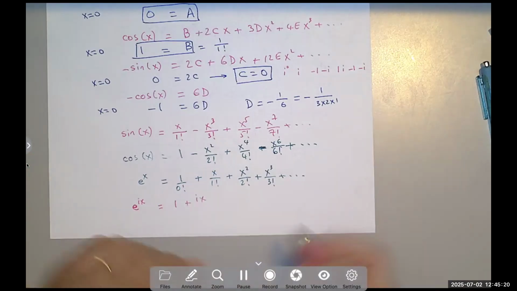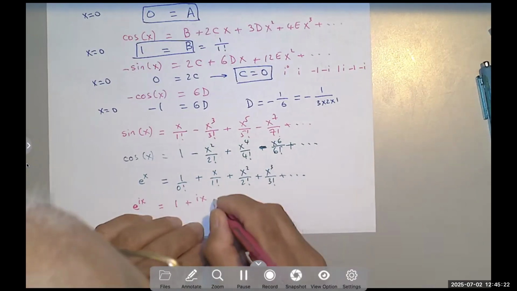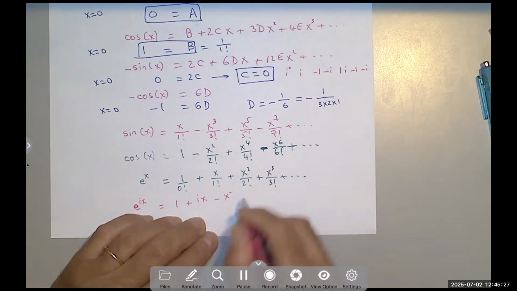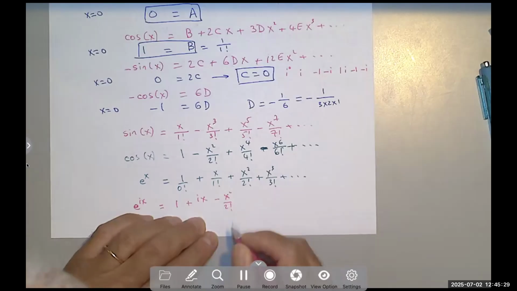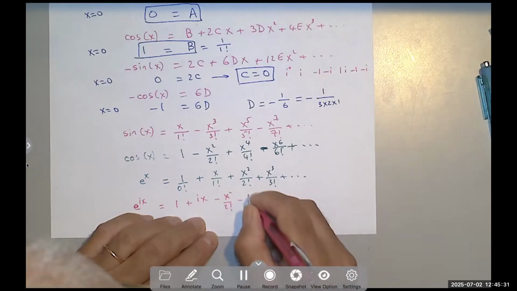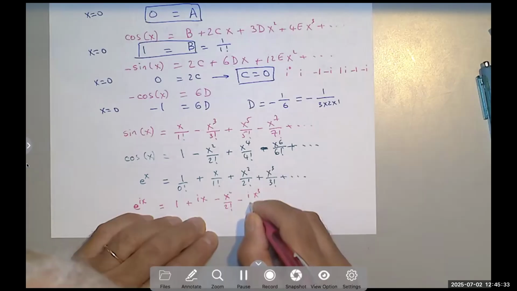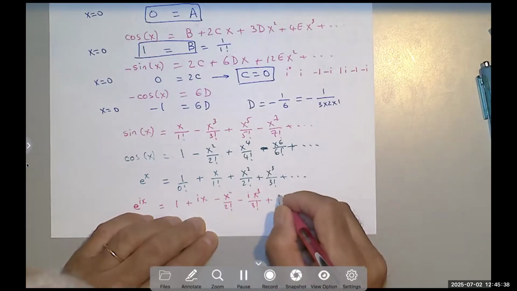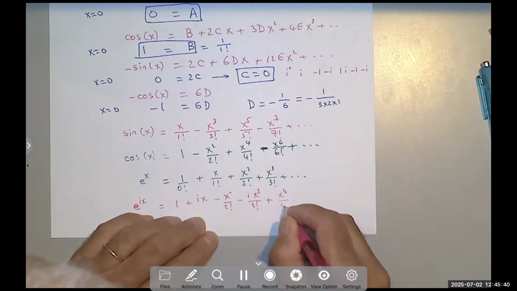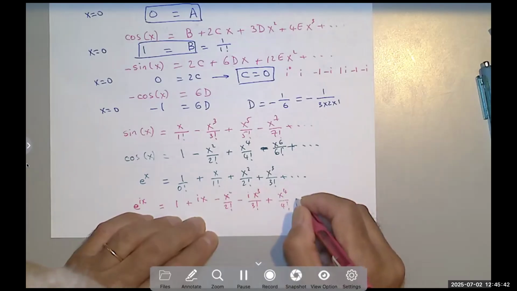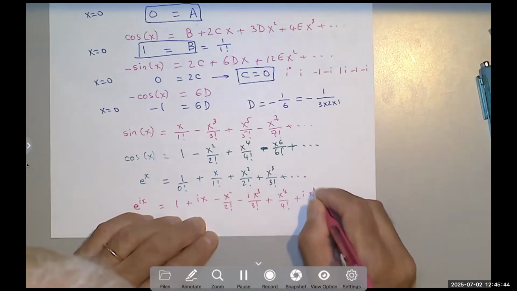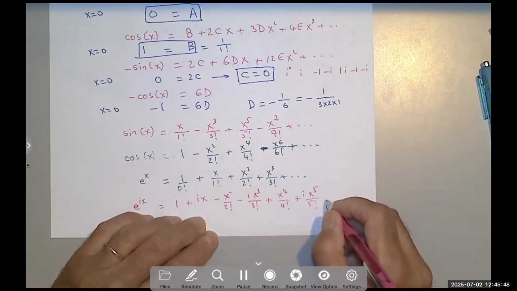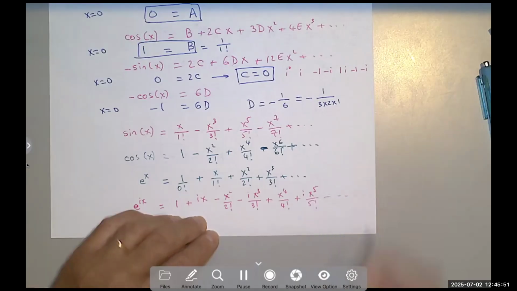Notice I'm going to minus x squared, because i squared is -1, over 2 factorial, minus i x cubed over 3 factorial, plus x to the 4 over 4 factorial, plus i x to the 5th over 5 factorial, minus, and then we go to infinity.